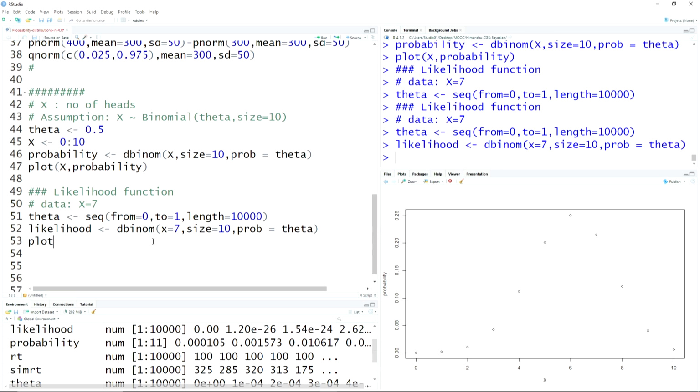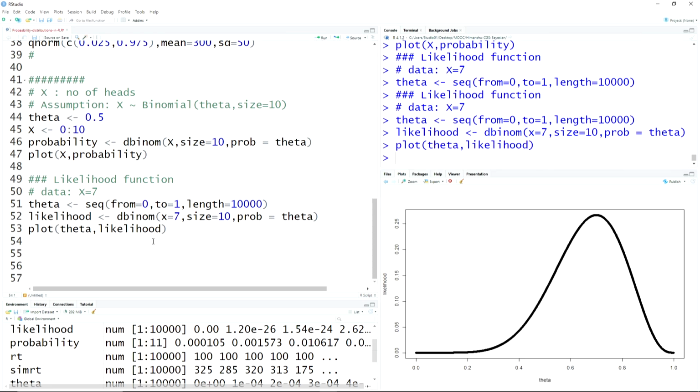Now I can plot a graph between theta and its corresponding likelihood. This is what I get. See, this is actually the graph of the likelihood function. This is the likelihood function.